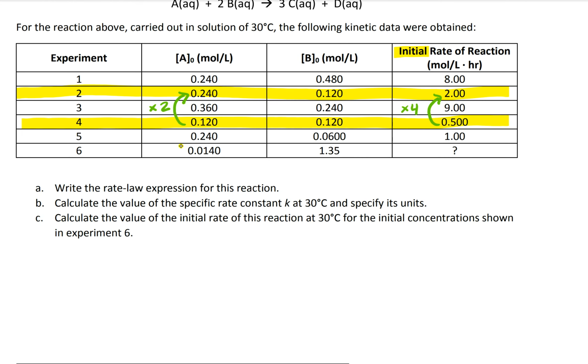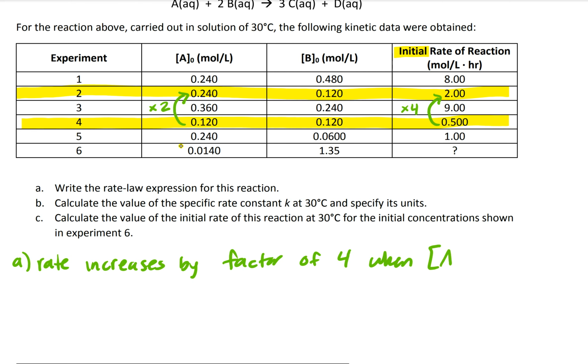So I would write the rate increases by a factor of 4 when the concentration of A is doubled and B is constant.